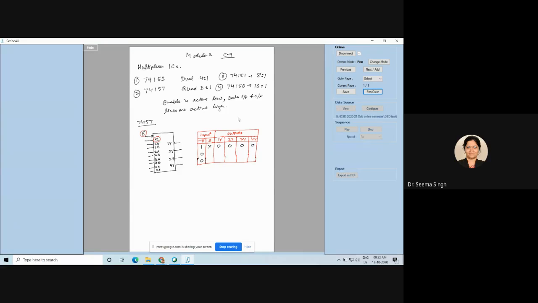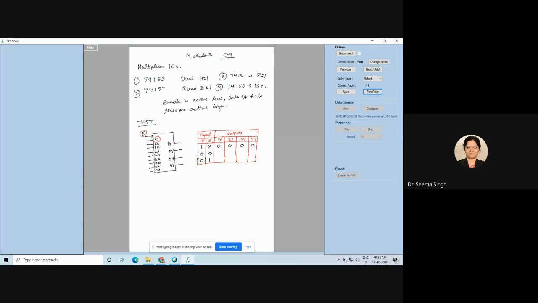Okay. Now if enable is active low and I give a 0, it means it is in a working mode. And when I put a 0 here, as I told you already, that select line is common for all. So if I put 0, what will come in this row of 1Y, 2Y, 3Y, 4Y? All will be connected to their first input, right?